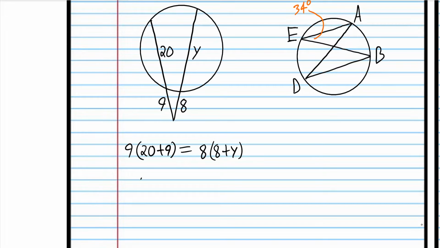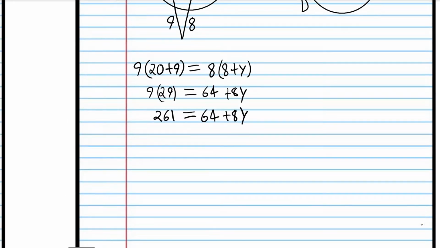So 20 plus 9 is 29. And don't be afraid to use your calculator. We're going to use distribution over here. Remember, you're allowed to use the calculator. So 29 times 9 is 261. And 261 minus 64 is 197.